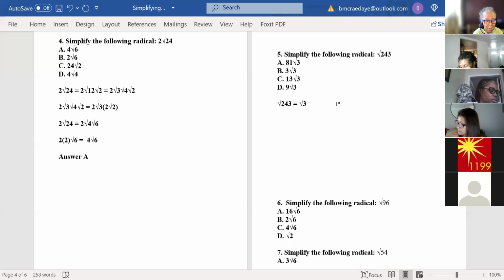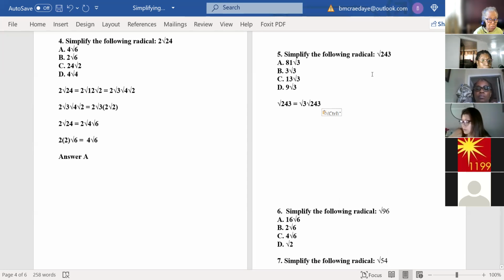What is that number? 81. Yeah, it's 81. So now there are your factors. Let's put the 81 here. That's why I said the hint was in your answers.